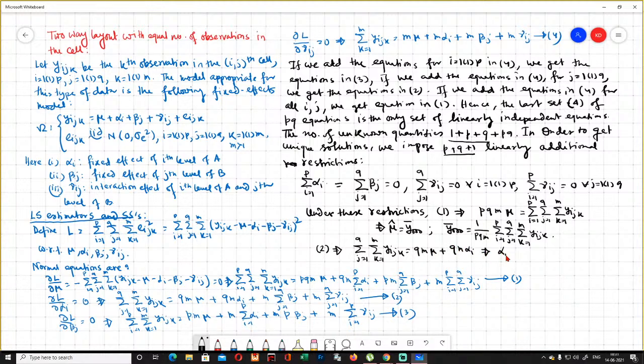So then alpha i hat is equal to 1 by qm sum over j from 1 to q, k from 1 to m of yijk minus mu hat, which gives yi naught bar minus y naught bar, where yi naught bar is equal to 1 by qm sum over j from 1 to q, k from 1 to m of yijk.